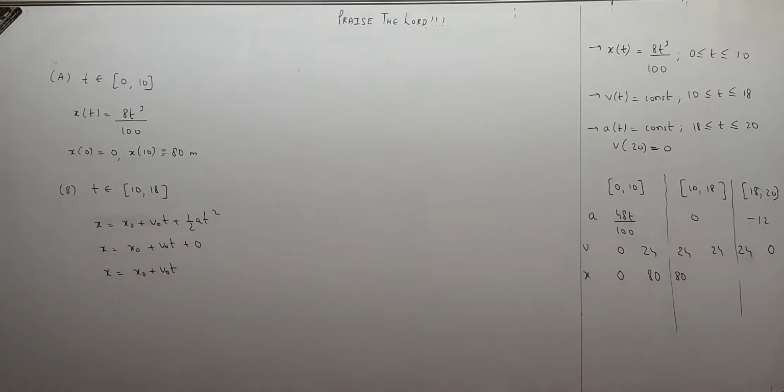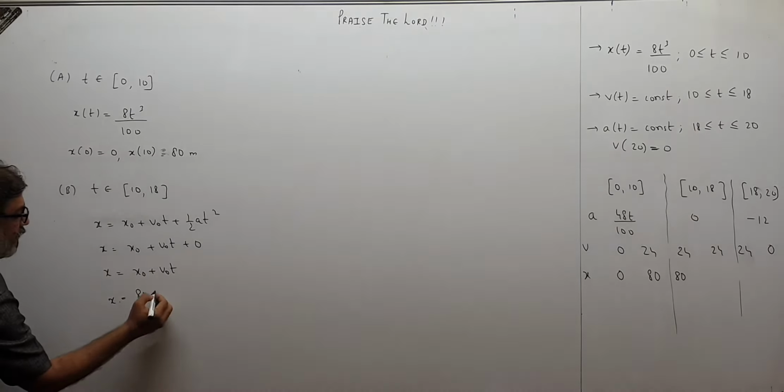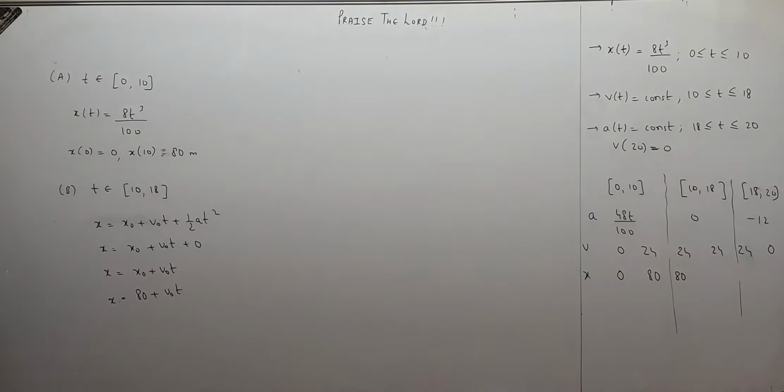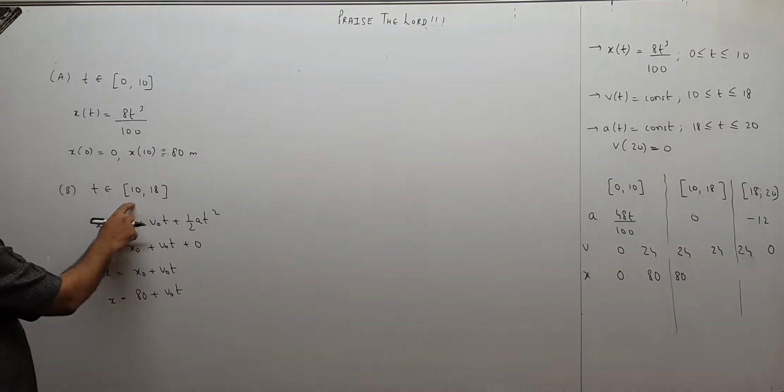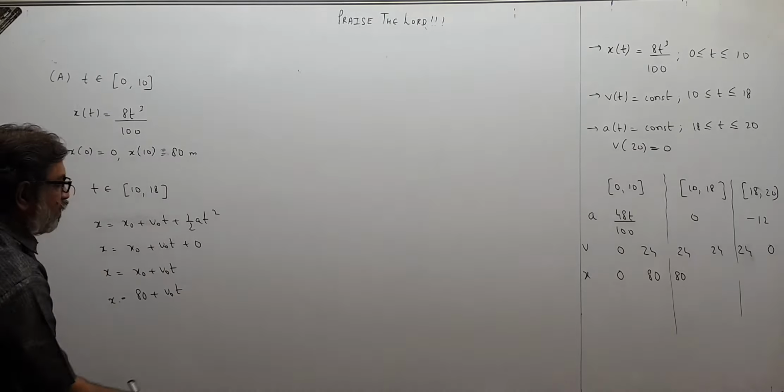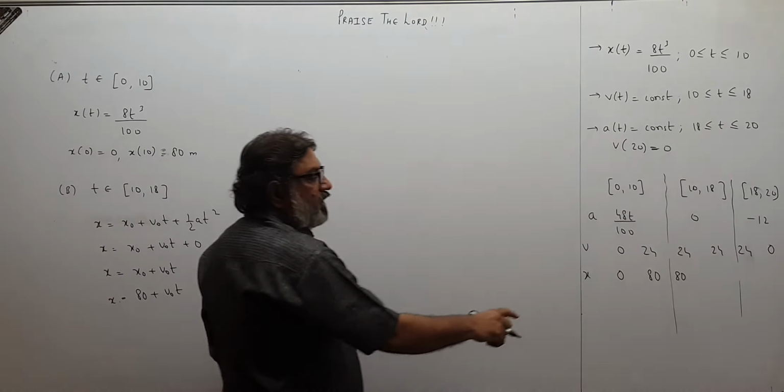So at 10 seconds, I am beginning from 10 to 18. So wherever the body is at 10 seconds, that is my initial position. So initial position is 80. So x will become 80 plus v0 into t. And what is the velocity in this much time, 10 to 18? See, velocity is 24 from 10 to 18.